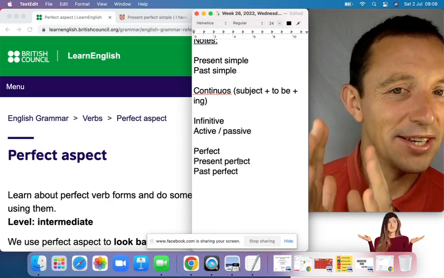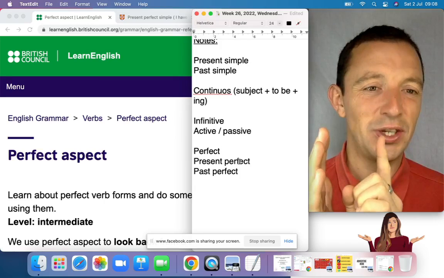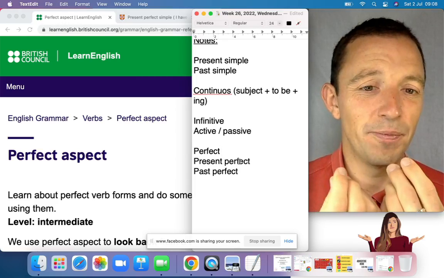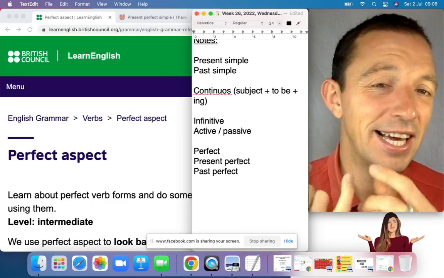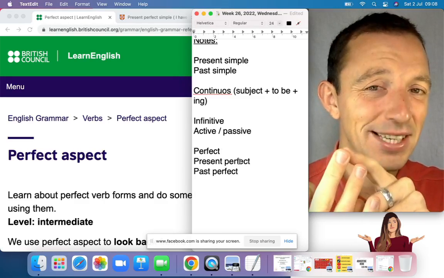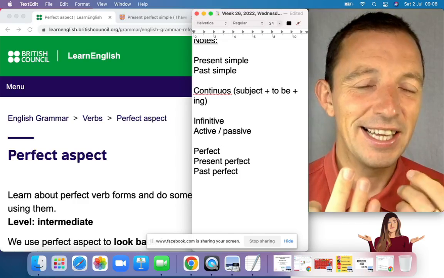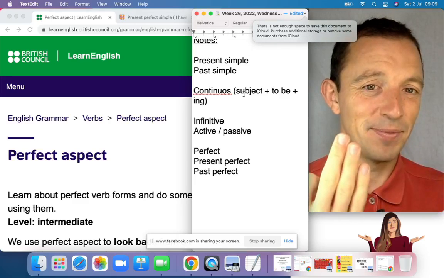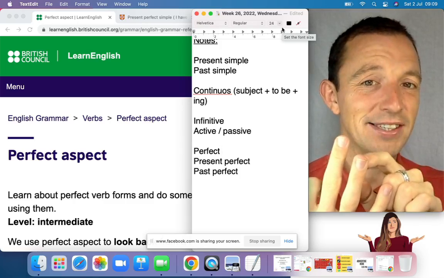This is the period of time that started in the past and it continues more or less in the present. The construction of the perfect is the subject, the auxiliary verb to have, plus the participle of the verb. And the auxiliary is possible in the present or it's possible in the past.